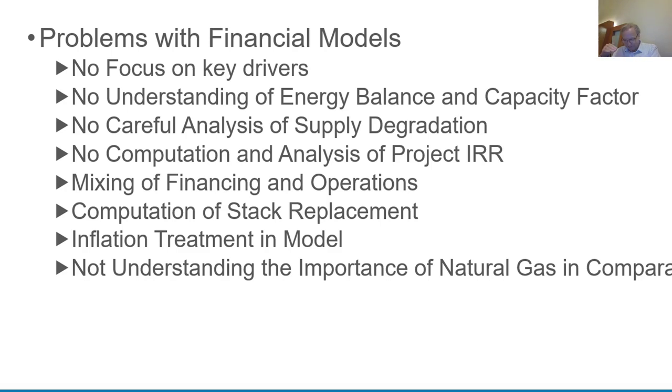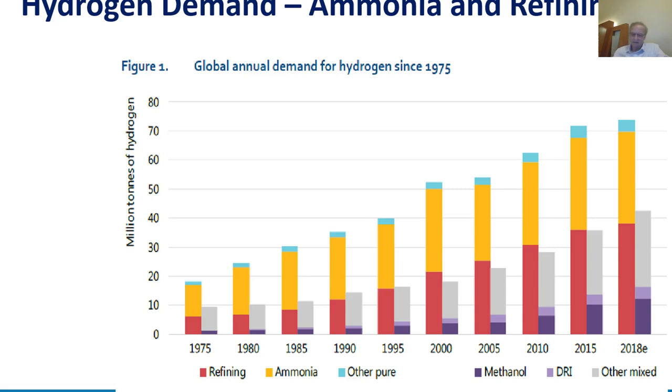To figure out the capacity factor of the project, you had to make this big effort to distinguish the ammonia cost and the synthesizer cost versus the electrolyzer cost. It was all so difficult, but it was beautiful. Oh, the colors and all that, it looked good. Okay, they didn't even compute the degradation or really work through the project, and then the equity IRRs mixed all the financing and operation, didn't have anything about stack replacement, and the treatment of inflation was bizarre.